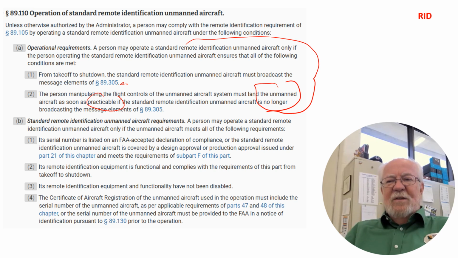There has to be some way to enforce these rules, so we have to find out who they are and what they're doing. The FAA is very kind about it. They give us instruction to help us out a few times, but if we keep on doing the naughty things, then they start fining us and taking our certificate away. So anyway, that's the behind-the-scenes reason why we have remote ID.